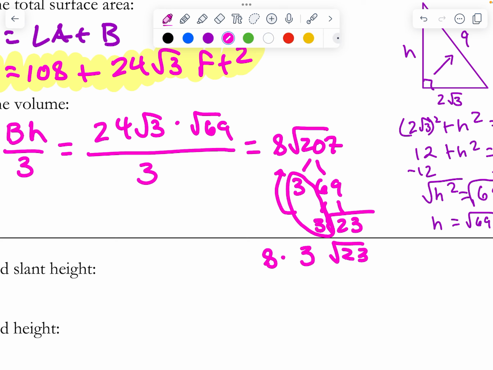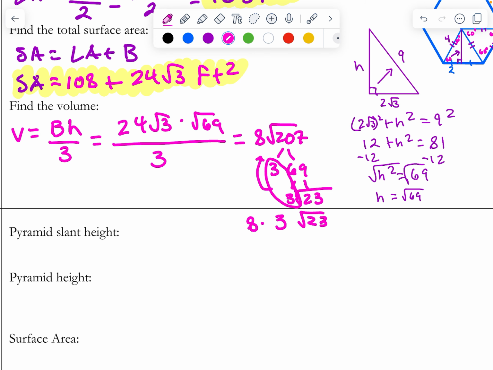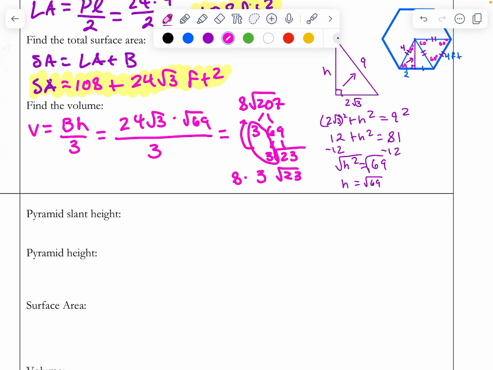So 8 times 3 times square root of 23. 8 times 3 is 24. And so my final answer here for the total volume of this hexagonal pyramid will be 24 square root of 23. And because it is volume, we use cubic feet. And that is my final answer.